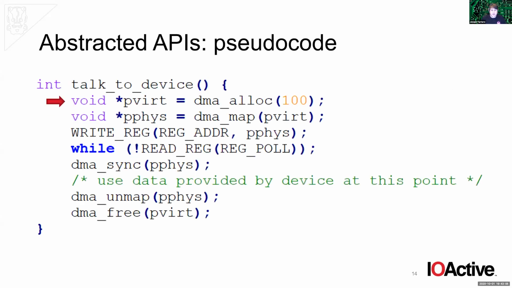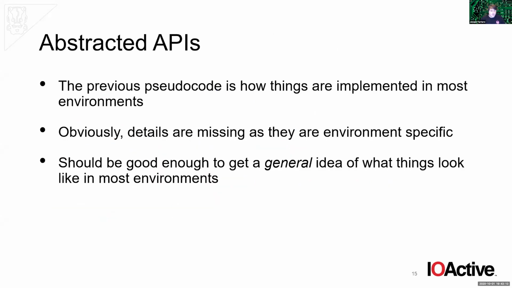We allocate 100 bytes, we map it, we inform the device of the mapping, it does its thing, then we unmap it and free. That's a very basic general idea of what we're going to be talking about, though in a lot of environments there are environment specific things, so it might be slightly different. But for your understanding of what we're talking about, that's really all you need to know.